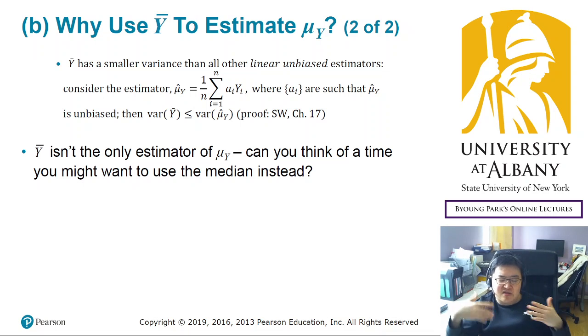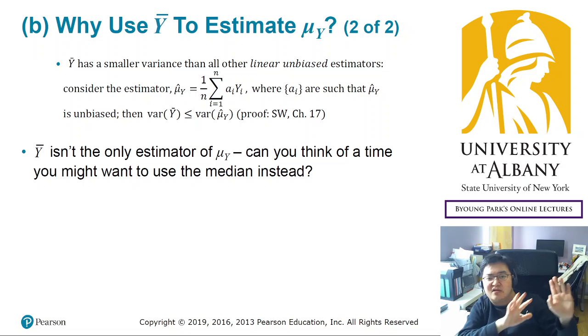So the use of the sample average is justified by many statistical theories. However, it is not the only estimator. You need to understand that too. For example, the median could be an alternative estimator for the population mean, but that's not considered for a while. Based on these theoretical justifications, we are going to rely on the sample average.